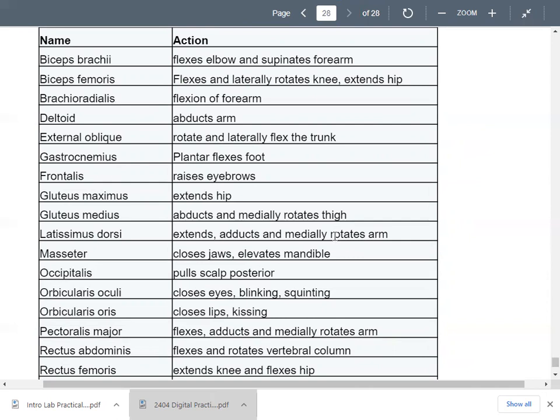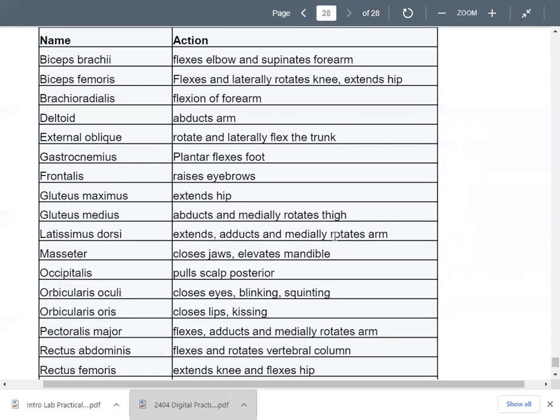All right, masseter helps you to close your jaw, elevate your mandible, bring it up so you can chew. Occipitalis, it contracts, pulls your scalp toward the posterior, towards the back of your head. Orbicularis oculi, around your eyes, helps you close your eyes, helps you blink and squint. All right, orbicularis oris, helps you to close your lips and kiss.